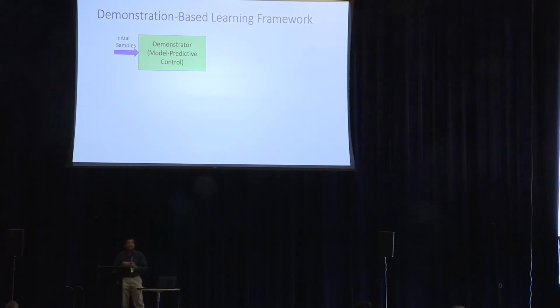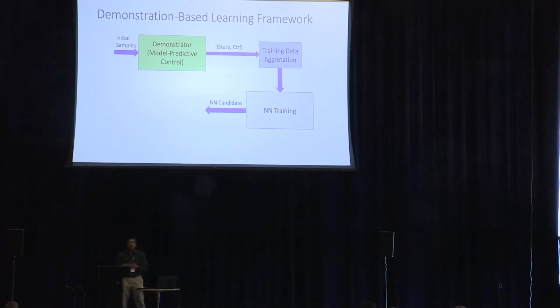I give some initial state samples to this demonstrator, and I get some data. And throughout this talk, data to me is state-control pairs. So I have a state, and I have the corresponding control that comes from the demonstrator. And then I have this box which aggregates all the training data. You will see where else the data will come from in a second.